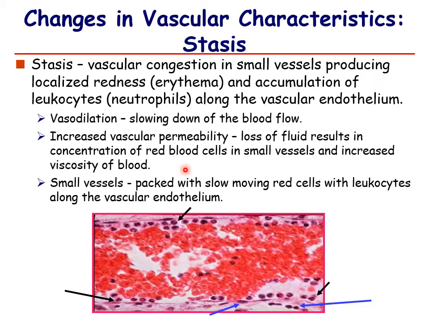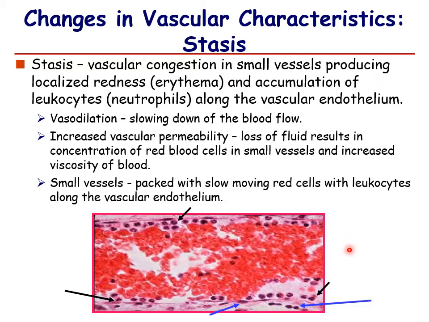As the viscosity increases and blood flow slows down, the red blood cells are generally packed in the center of the small vessels, pushing the leukocytes along the vascular endothelium.